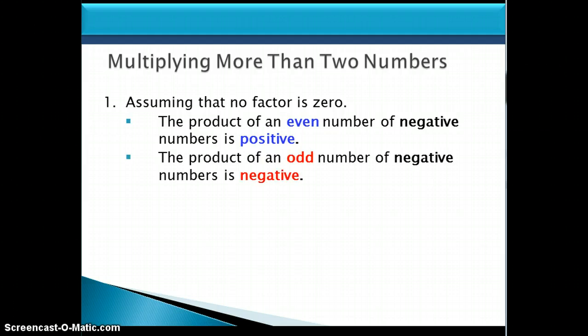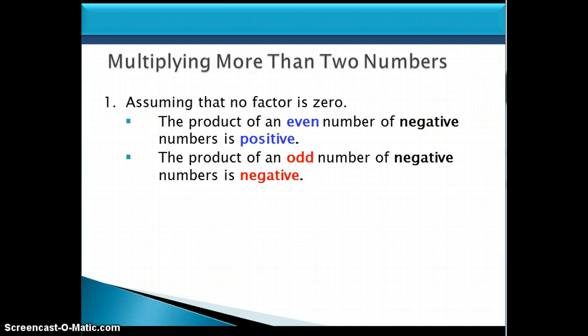On the other hand, the product of an odd number of negative numbers will end up being negative. Because if you have an odd number of negative numbers, you can make pairs of negatives, and those will all be positives, but you'll always have one left over. And so you end up with a positive when you multiply all the pairs together.